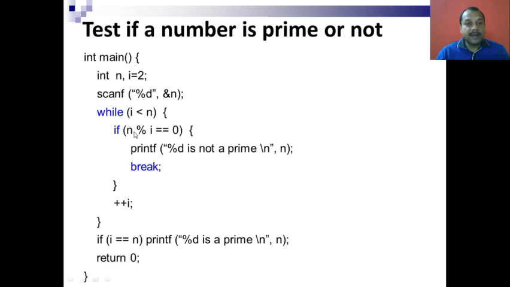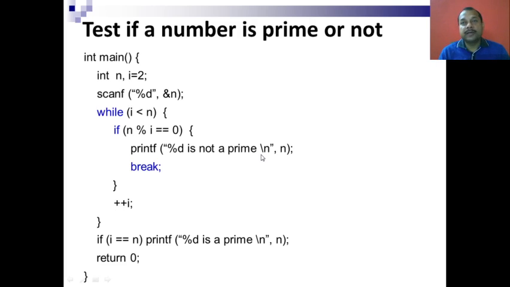In a standard way I can keep on dividing up to n minus 1, and if there is at least one occurrence of an i by which n divided gives a remainder of 0, then I declare that it is a composite number.